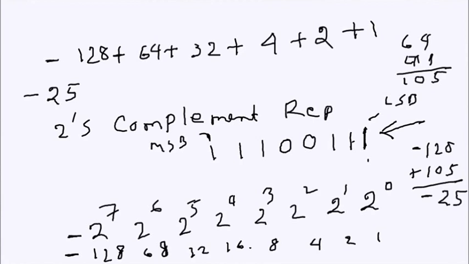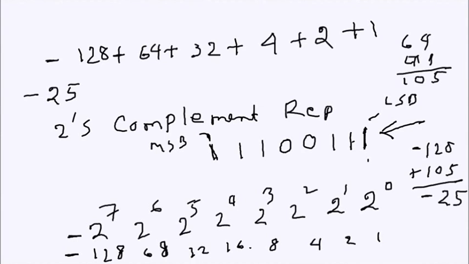This is how it turns out to be negative 25 as well, as the most significant bit's weight is negative. Since this is an 8-bit representation, it is negative 2 to the power 7. If it were a 4-bit representation, it would be negative 2 to the power 3.